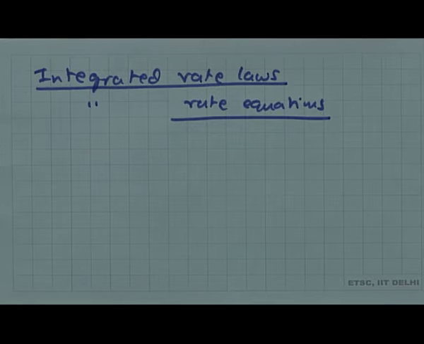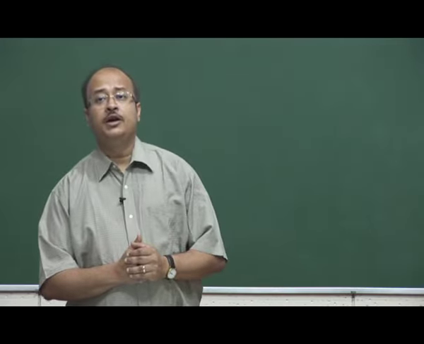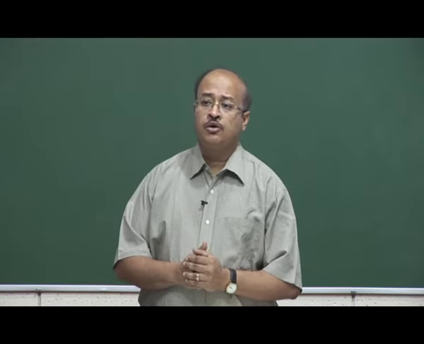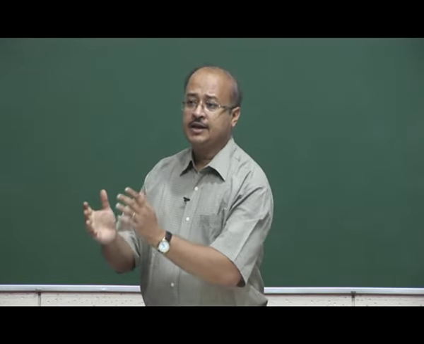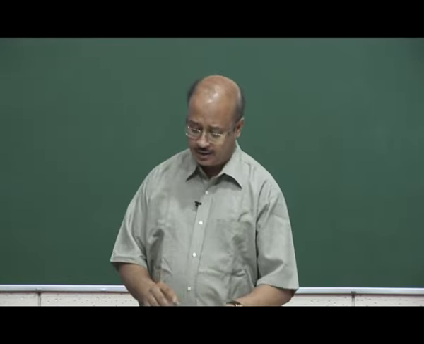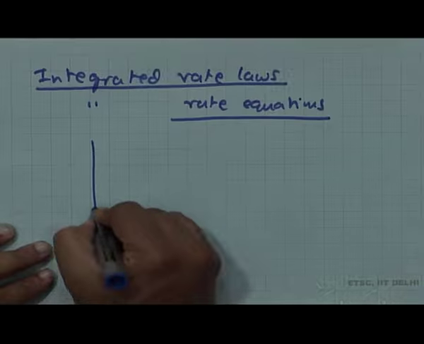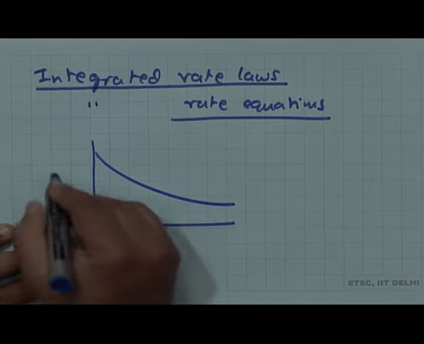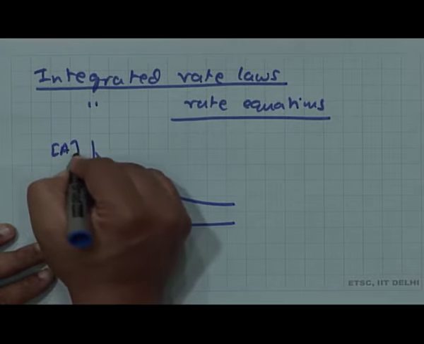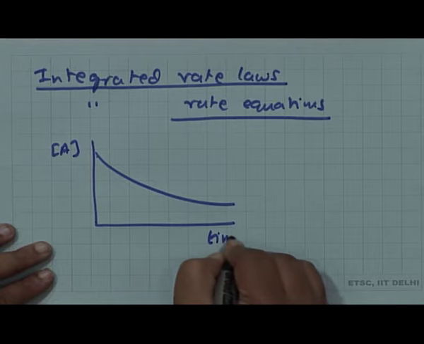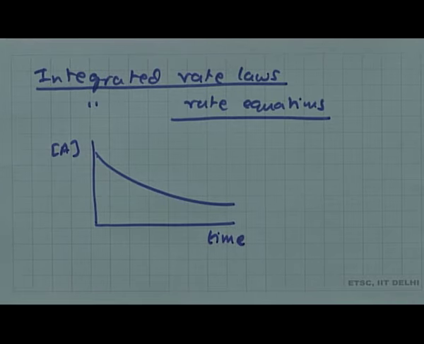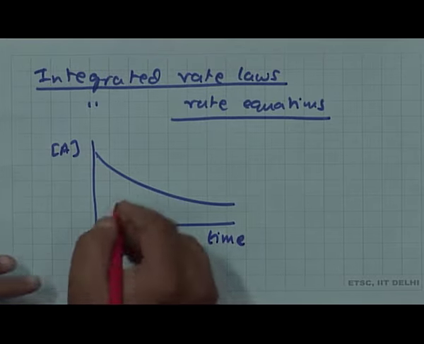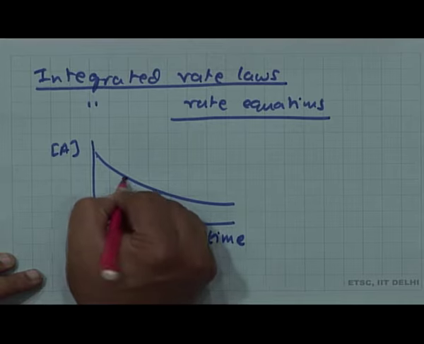So, as I was telling you, up till now whatever we did was to find, say suppose I would like the instantaneous rate, yeah, okay. So, suppose I am given a kinetic profile like this, okay. So, this is the concentration of A versus time t, and someone asks me to find the instantaneous rate somewhere here.